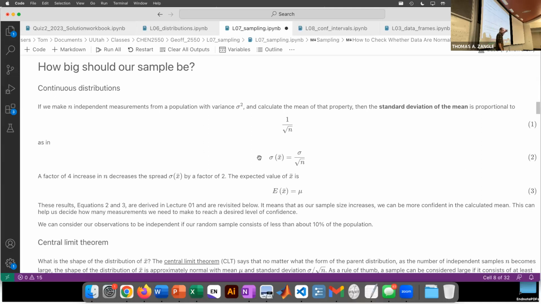This is at the heart of the question of sampling and how big your sample size should be, because there's probably going to be some optimum sample size where you're balancing the cost required to acquire the sample versus the additional information that you're going to get.